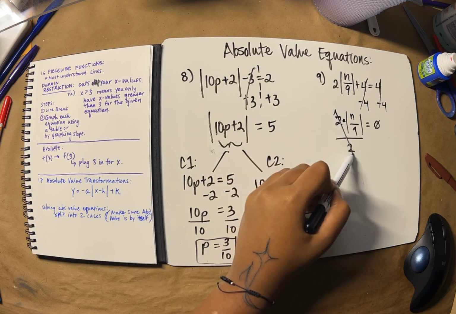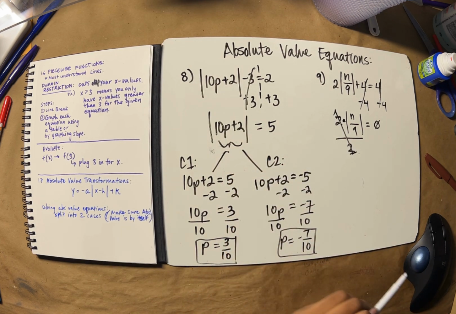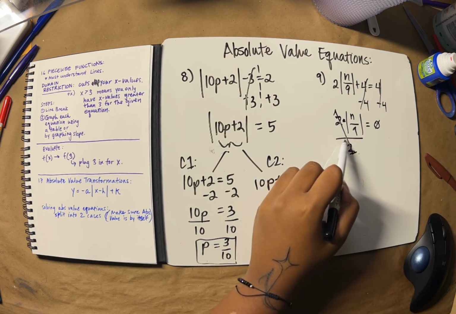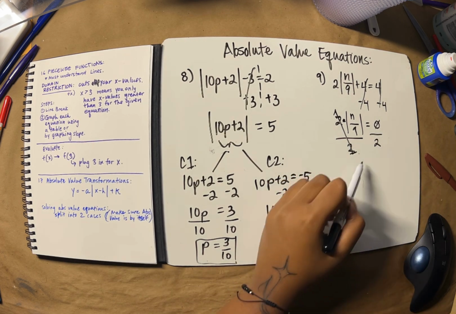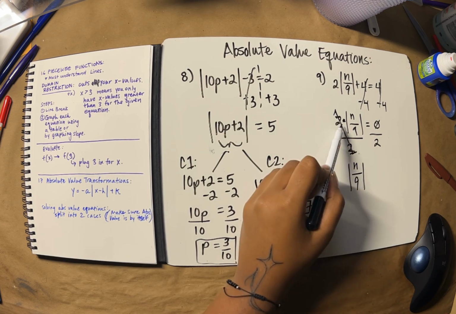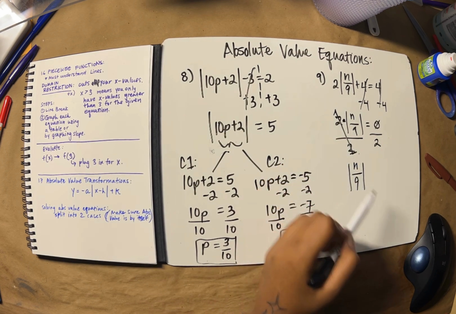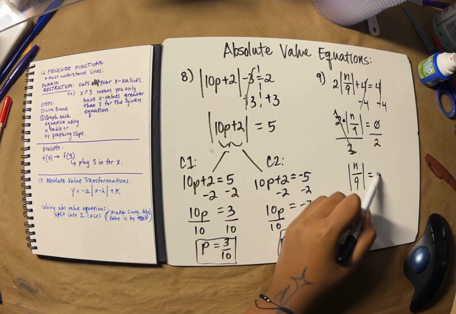I see a form of 1. The 2 is in the numerator and the 2 is in the denominator, so I can make a form of 1 there. And what I do to one side, which was dividing by 2, I do to the other. So I have the absolute value of n over 9, all multiplied by this 1, so just n over 9. 0 divided by 2 is 0.